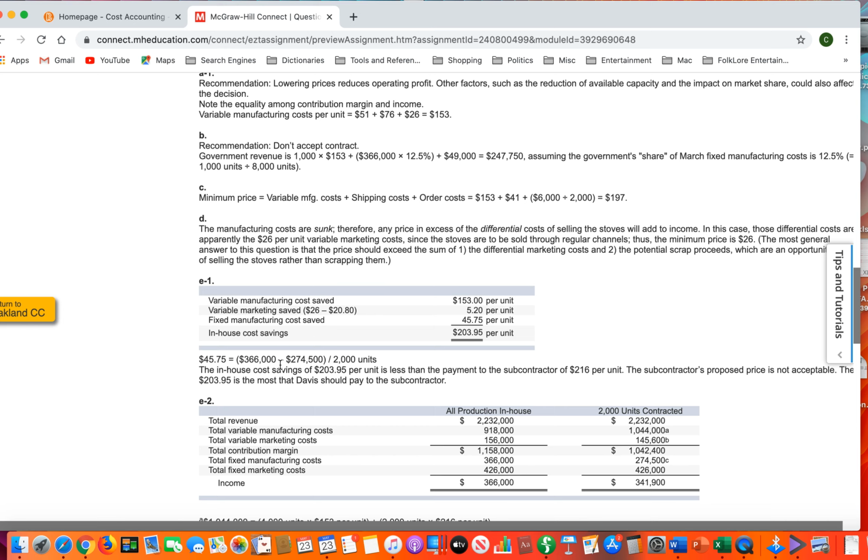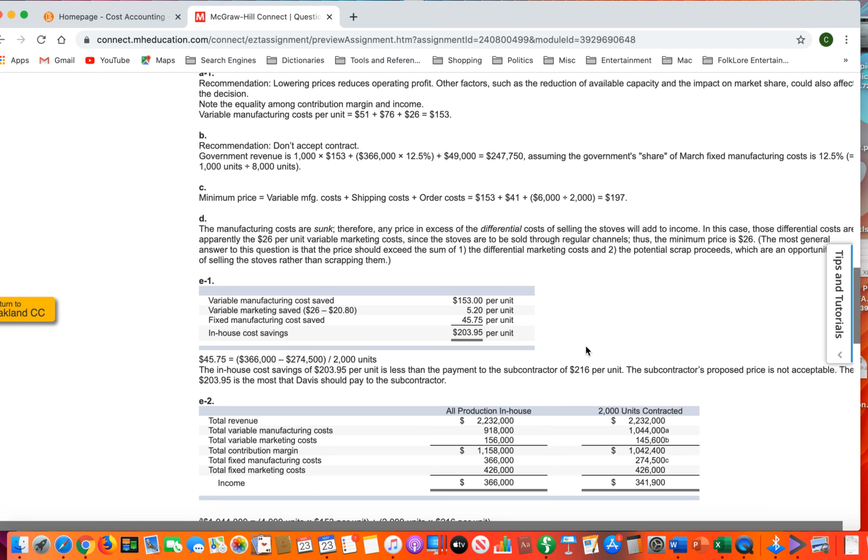Now, the way they show it is 366,000 minus 274,500, and then divide that by 2,000 units. I just did it a different way, different concept, different way of viewing it.